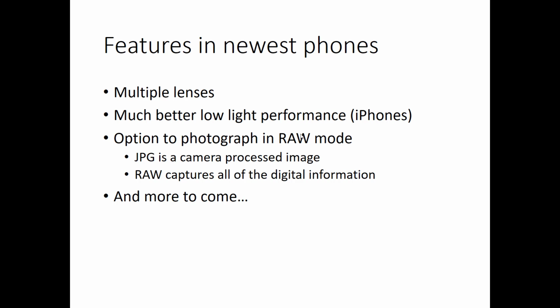And one interesting option is to photograph in RAW mode. Almost all cell phones' native format is JPEG, which is a camera-processed image. The RAW image is all of the digital information that was captured by the sensor. I'll show you why it might be good to capture the RAW image and then process it.